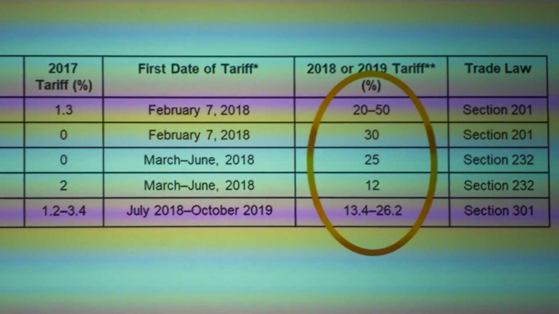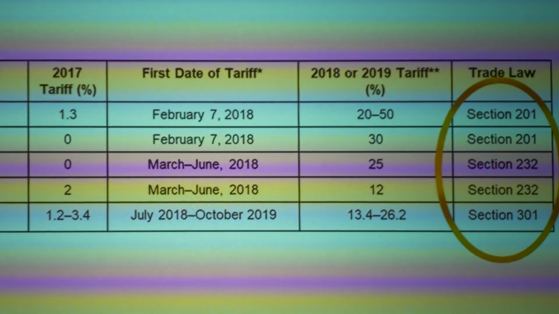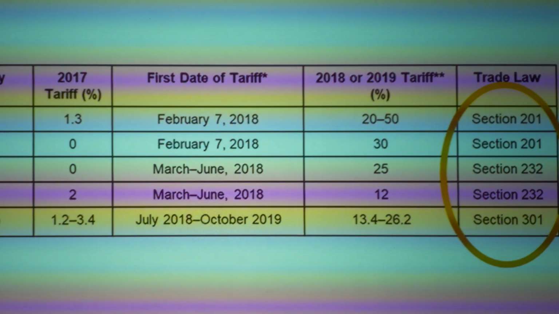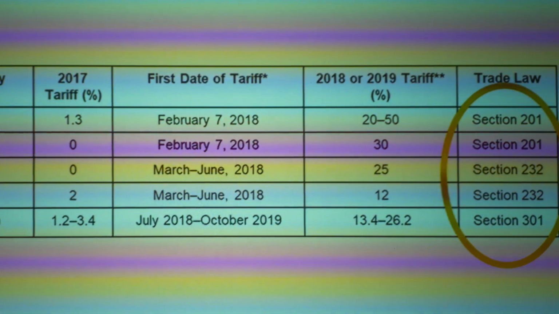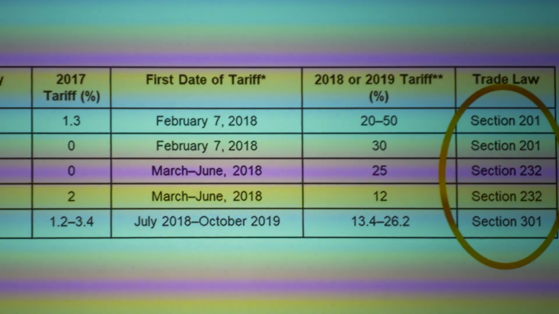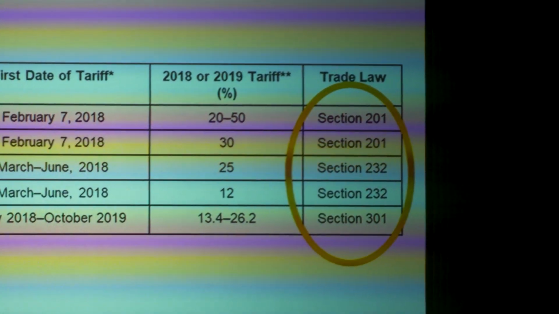And here are some trade laws governing the use of import tariffs. The president does not have the right to put on import tariffs all on their own. The president has to seek authority to do that from U.S. trade laws, and the different parts of U.S. trade laws are called sections.